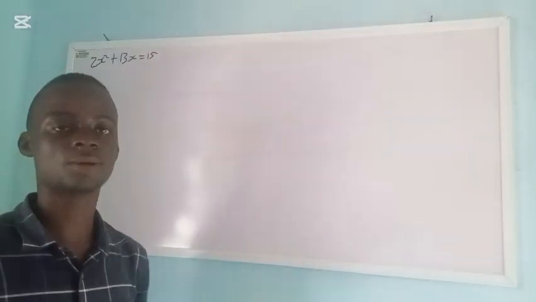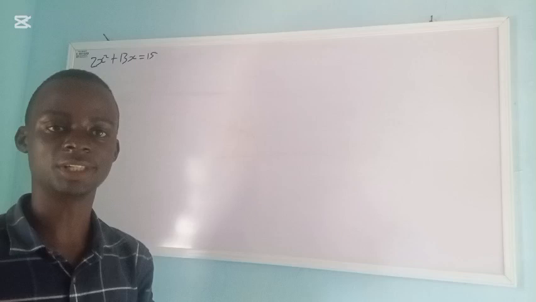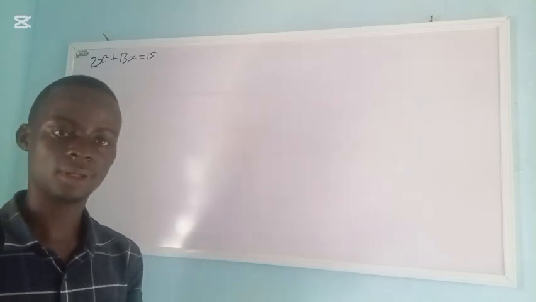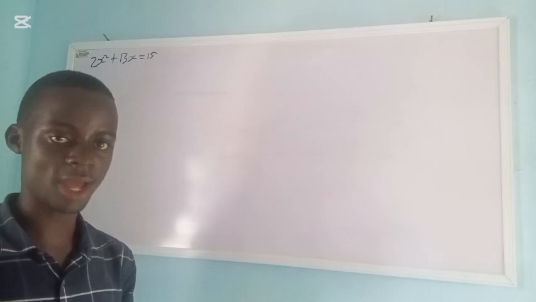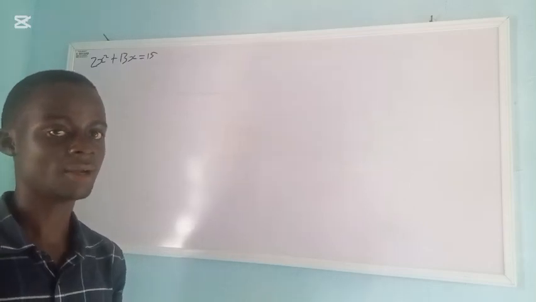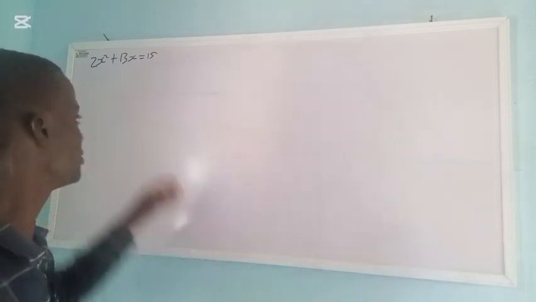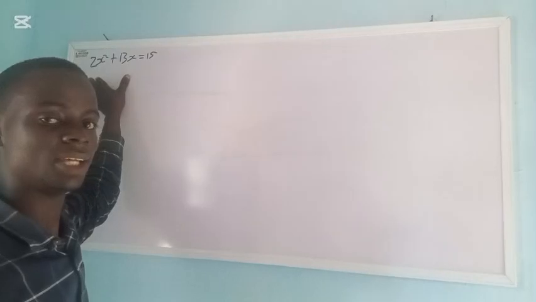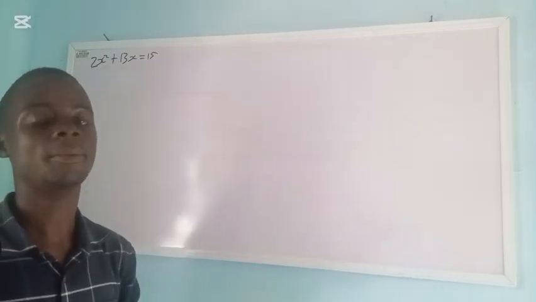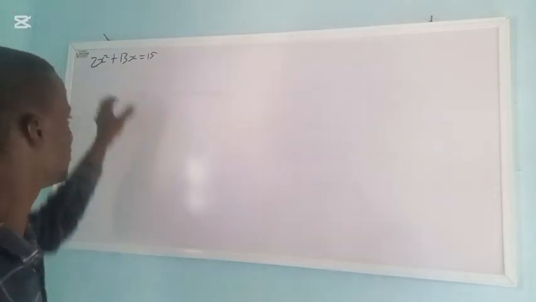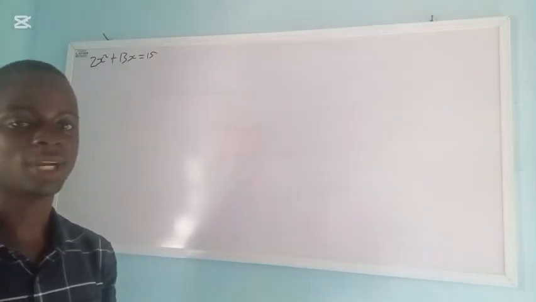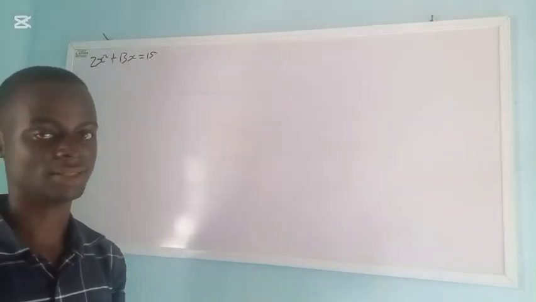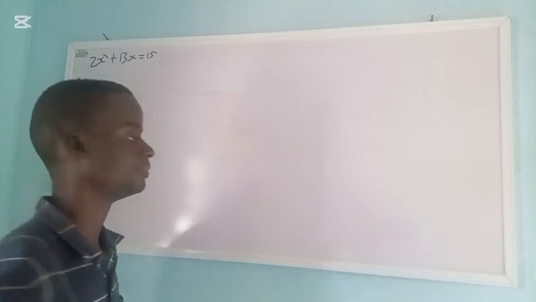You have to know that a quadratic equation has three methods: factorization, completing the square, and the quadratic formula. The reason why I'm solving this question in those three methods is for us to see whether we'll arrive at the same answer. So let's continue.